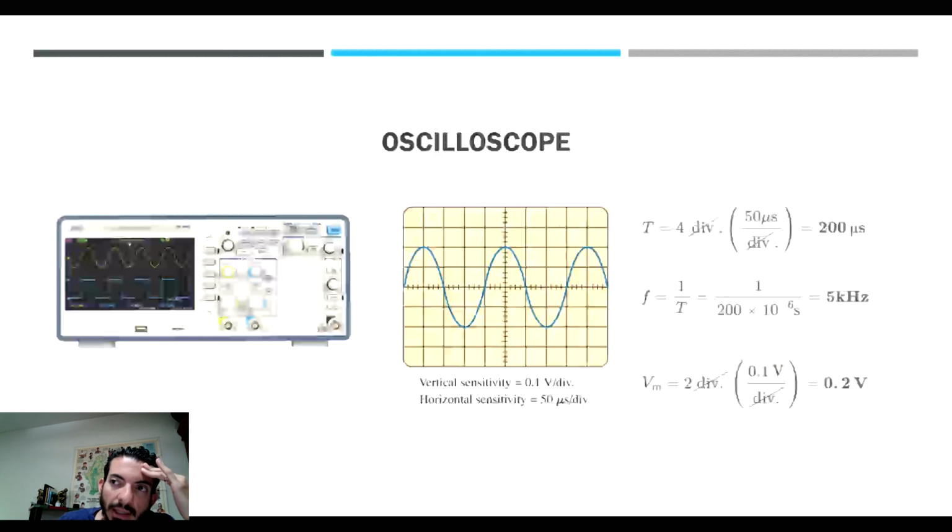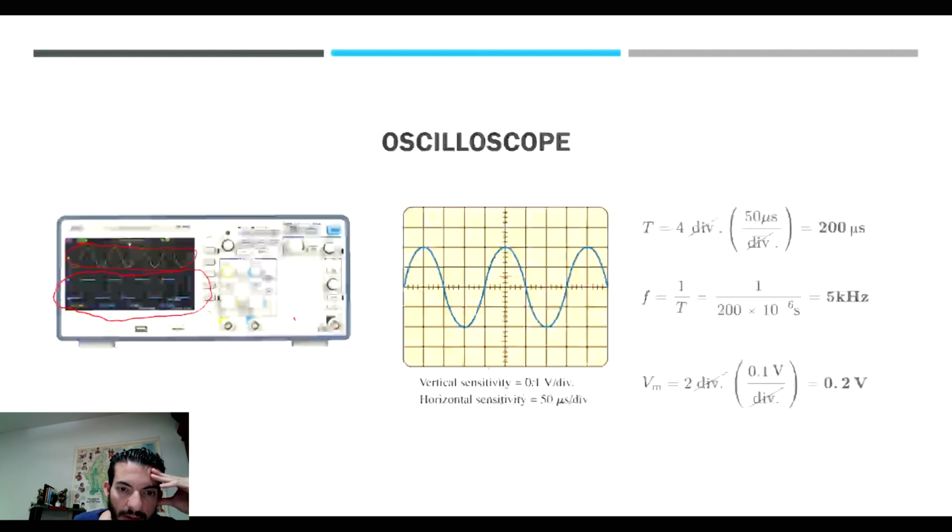To see the output or to study the circuit, you use an oscilloscope, and the oscilloscope is pretty similar. You basically see the wave on the screen, and this is the input wave, for example, because this could be the wave after your circuit, after going through a filter, a capacitor, etc. The way you study the wave or the output with an oscilloscope depends on the sensitivities on the axes.